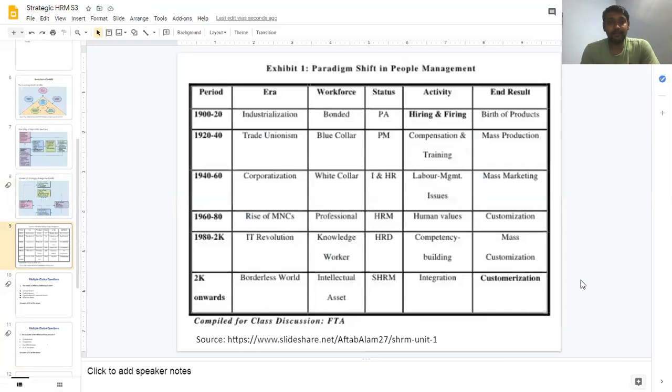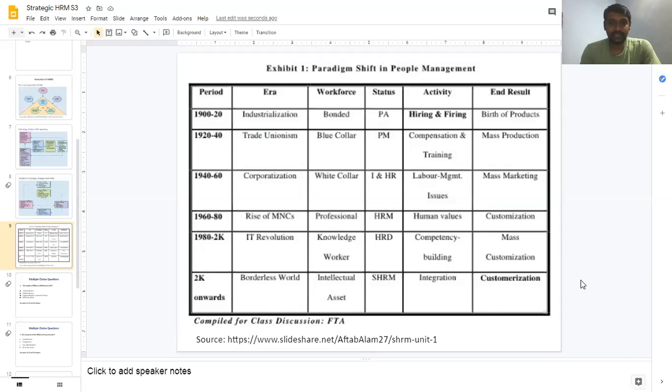First, I'll start with the 1900 period. From 1900 to 1920, we have the era of industrialization, where bonded labor was there, and only hiring and firing was happening. People had to work under certain superiors.